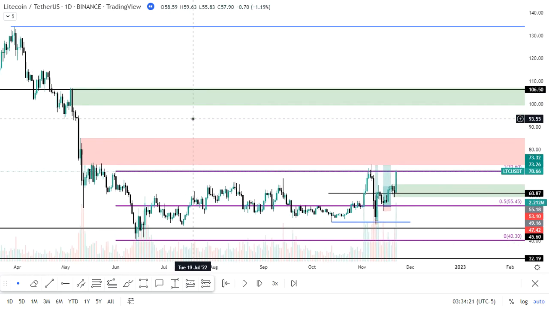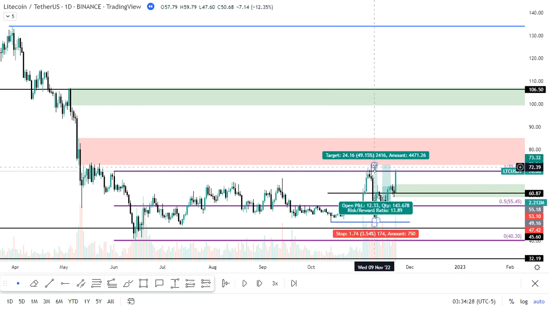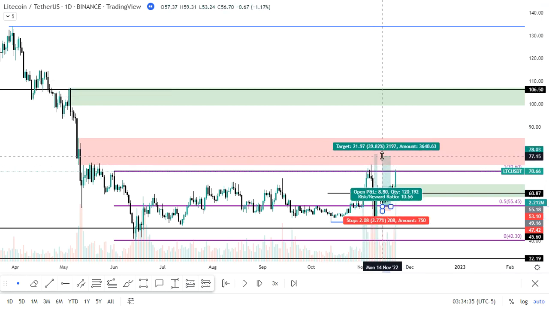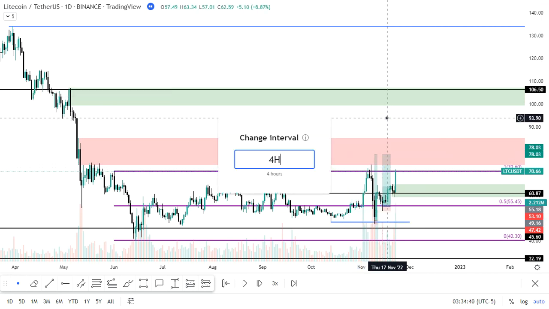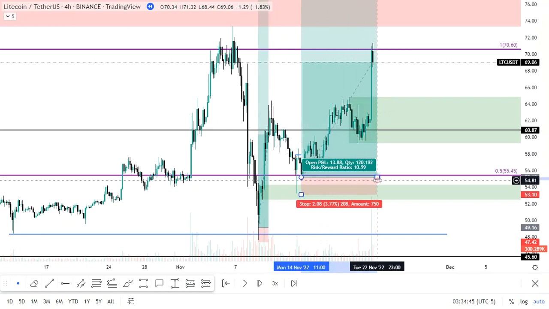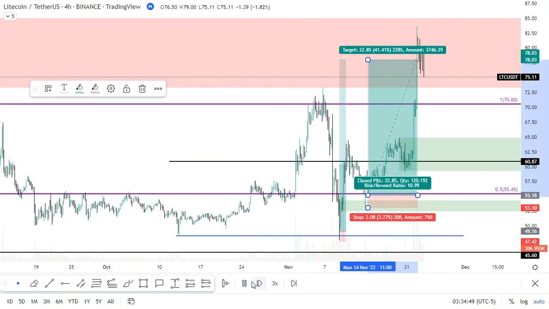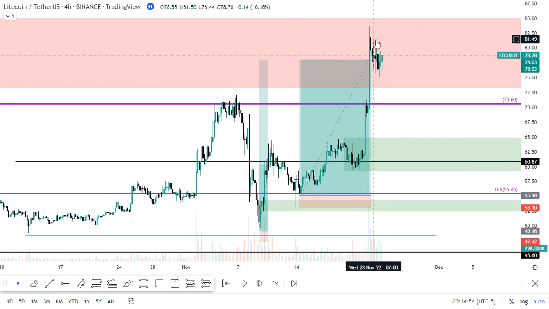So the next target can basically be somewhere in the middle of this order block, that is 79 or 78, yes. Now we go back to the 4 hour. You can see that the market tagged this area.